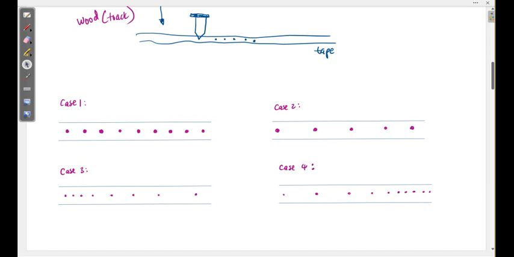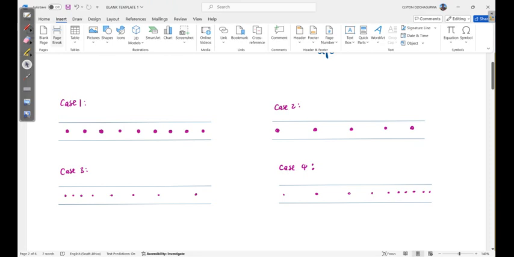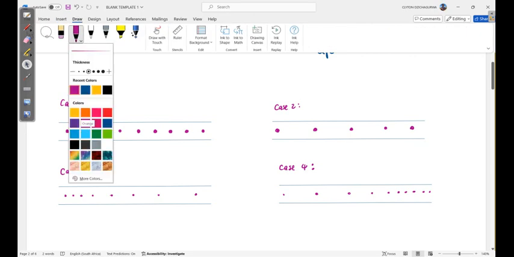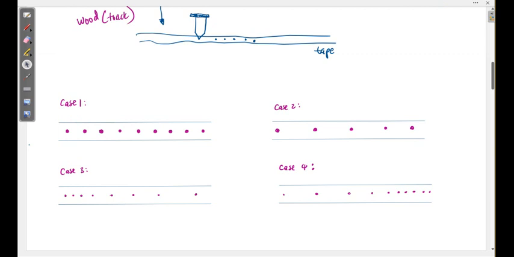Right, for case number 1, what you must notice there is that the distance between the dots, which we will call change in x, is the same, isn't it? Yes.